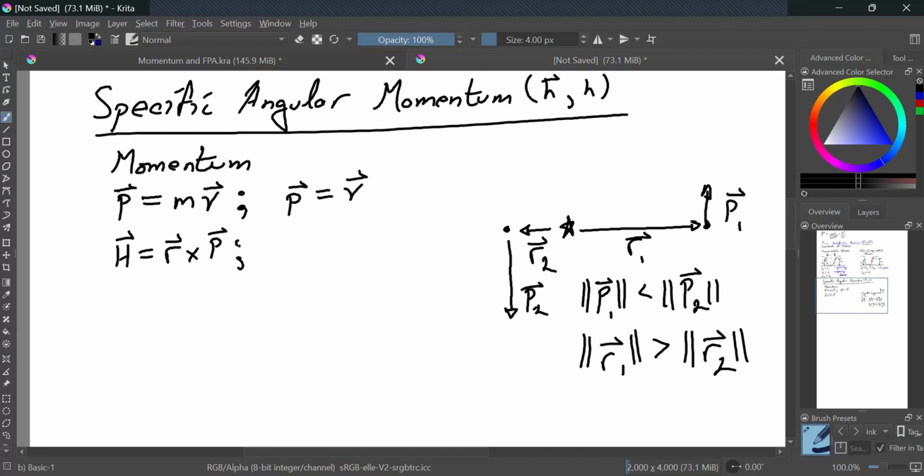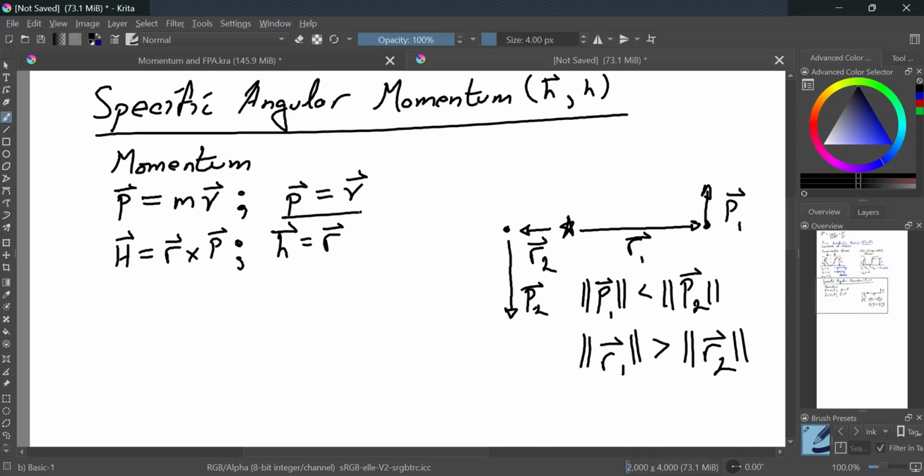And so with what was above, you can see that specific angular momentum is really just r cross, and since we are using specific angular momentum, we want the linear momentum that does not have the mass term.